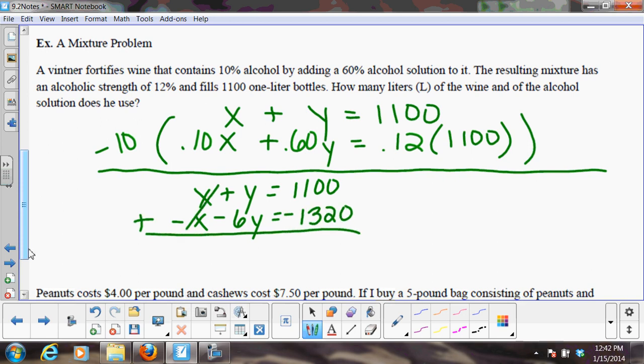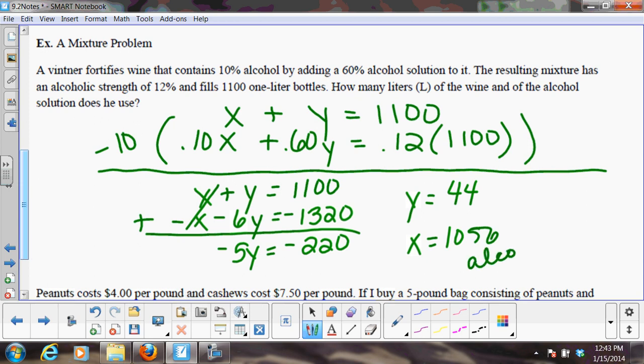And my x's go away. I get -5y equals -220. So y is 44. Plug it in and you get x is 1056. So this is the wine. That should be x. And that's the solution, alcohol solution.